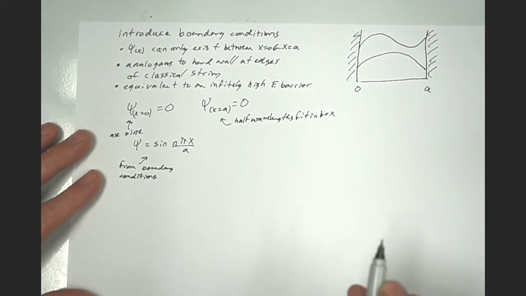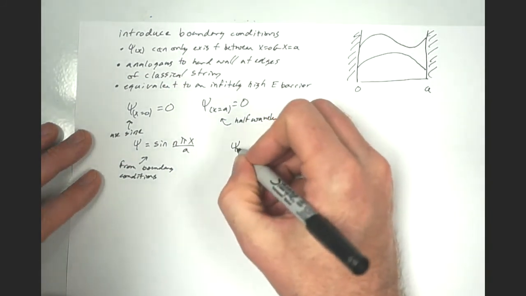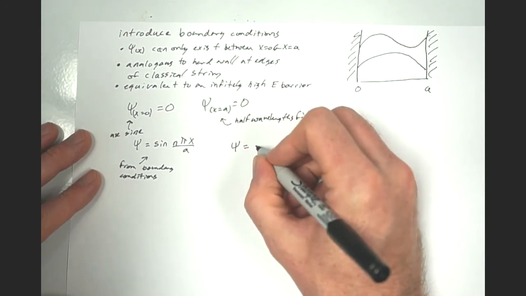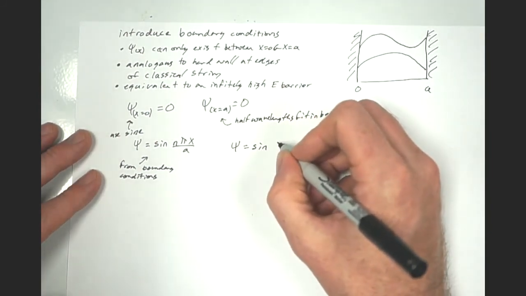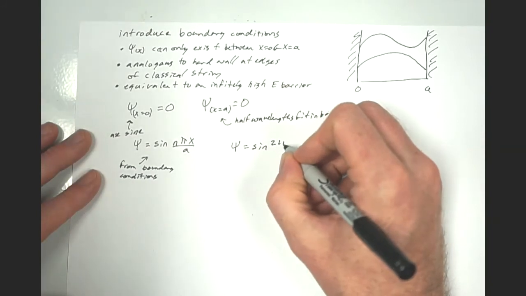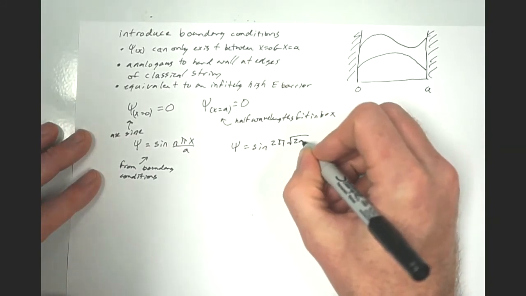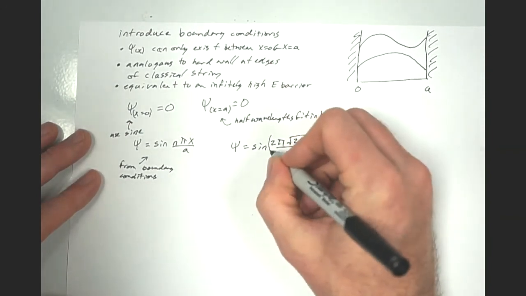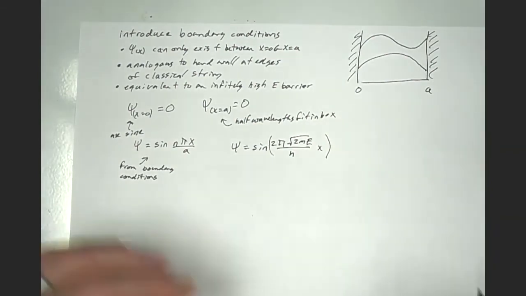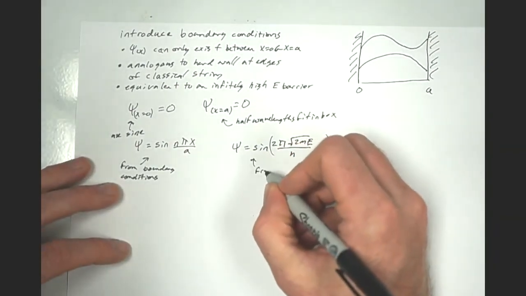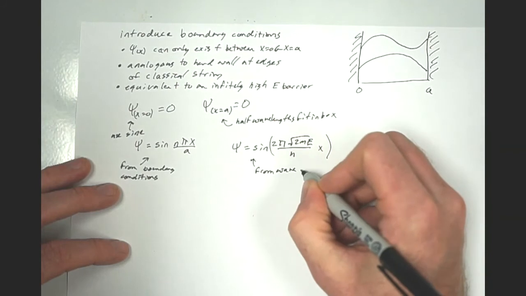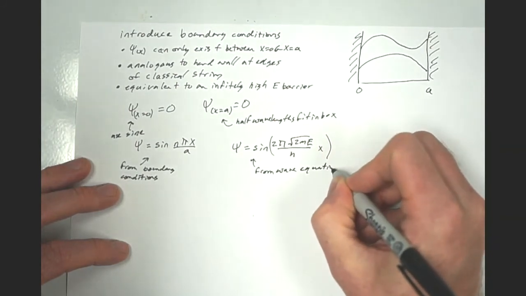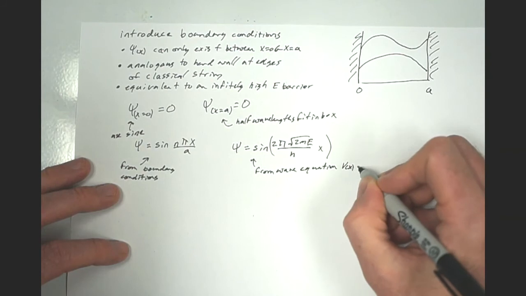Now, we also know that we can relate this to our energies from our wave equation. So we also know that psi equals sine of 2 pi root 2mE over h times x. And this is from our wave equation with 0 potential energy.